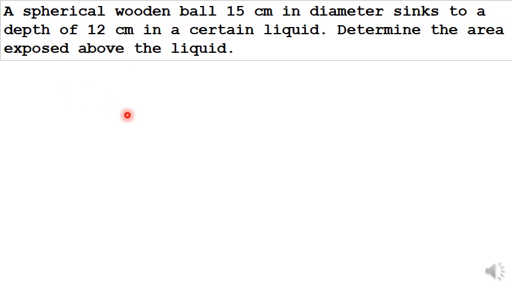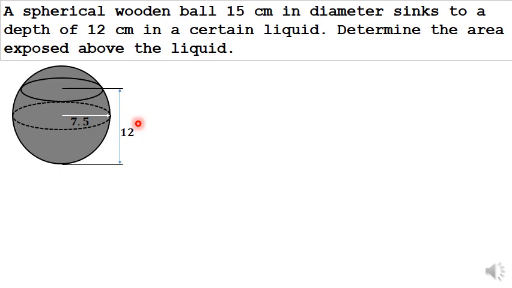A spherical wooden ball, 15 centimeters in diameter, sinks to a depth of 12 centimeters in a certain liquid. Determine the area exposed above the liquid. Here is our solid. This solid is submerged at a depth of 12.